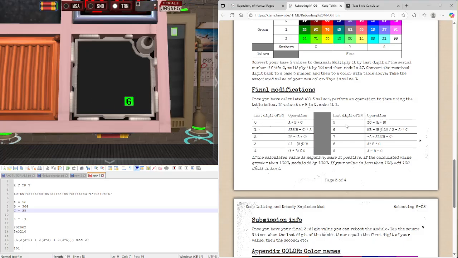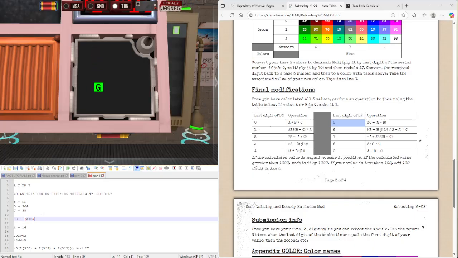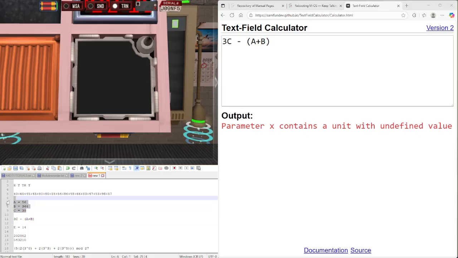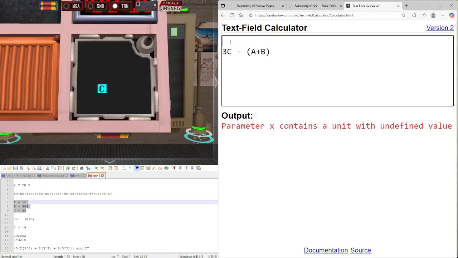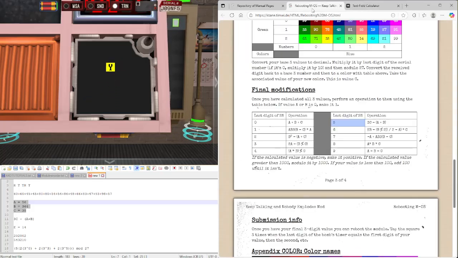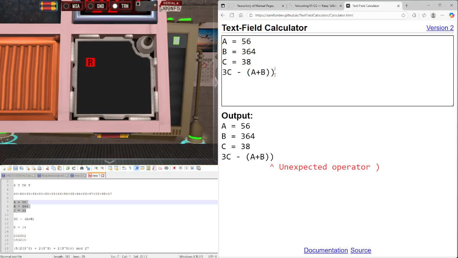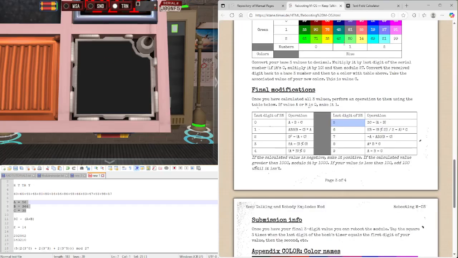What's in the 2 bits 5? 3C minus subroutine B. Code was value negative, make it positive. Let's go that mode.